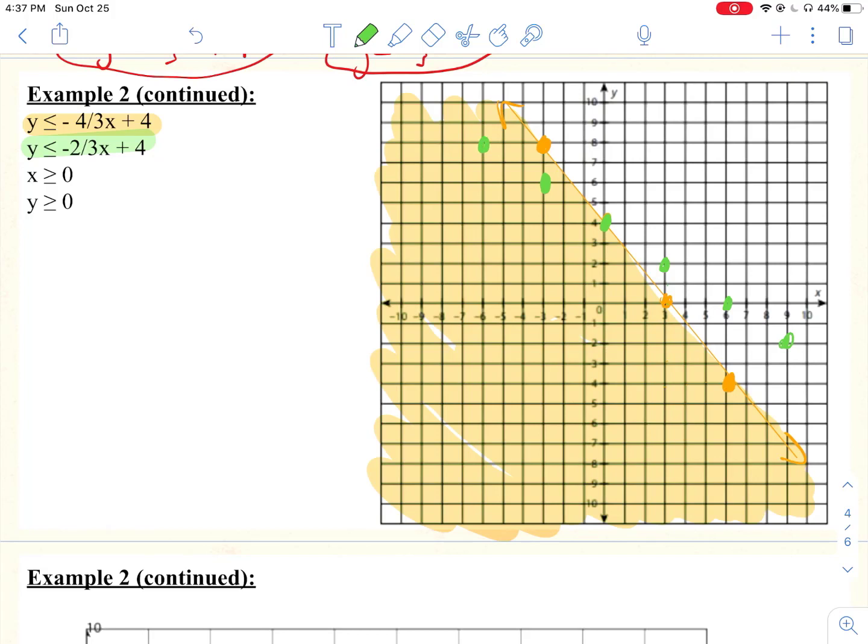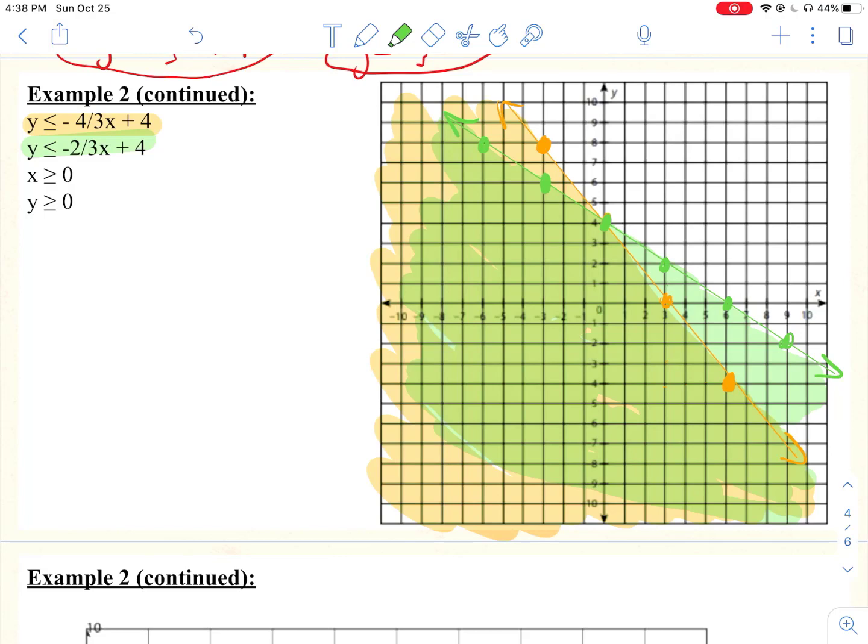And because this is a less than or equal to sign, I'm going to use a solid line. And this also tells me I'm going to shade below my line because it is a less than or equal to sign. Now I'm really focused on my solution here where the orange and the green intersect.